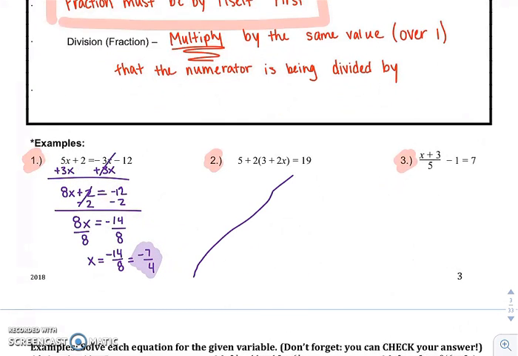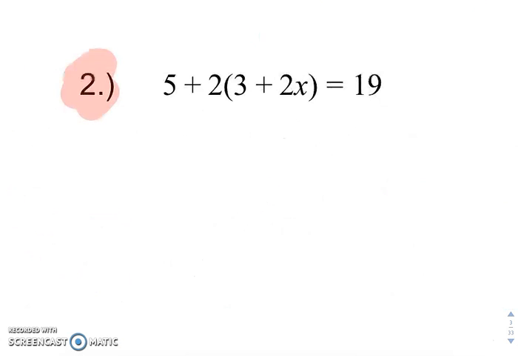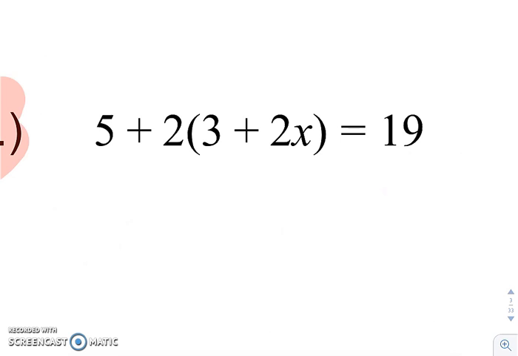So number 2, 5 plus 2 times the quantity 3 plus 2x equals 19. I'm going to do two things at once. First, I'm going to distribute my 2 in there, and I'm also going to subtract the 5.